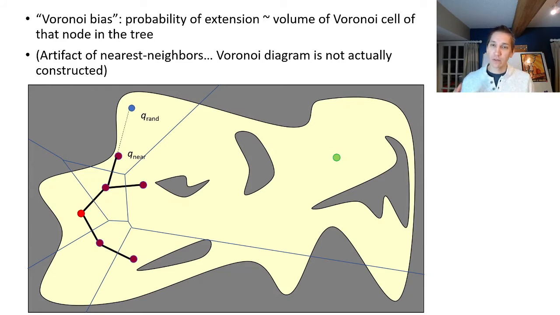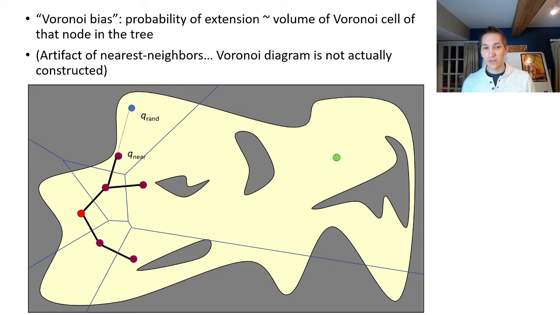So if our tree is relatively small, we're going to be expanding near the frontier of this tree first, until we've sampled essentially to cover more or less the whole space, at which point the tree is then going to start to refine and sample more intricately near the middle of the tree.